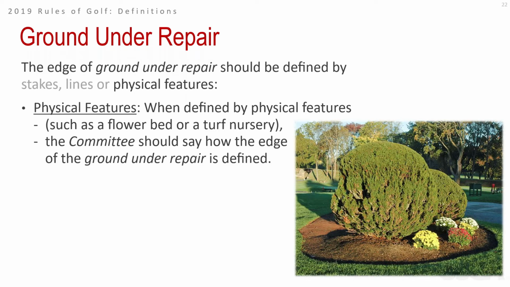But when we're defining by physical features, such as a flower bed or a turf nursery, the committee should say how the edge of the ground under repair is defined. It would be wise of the committee to say on the notice to competitors, or in the information handed out to the players before they begin their day, how these areas are defined.